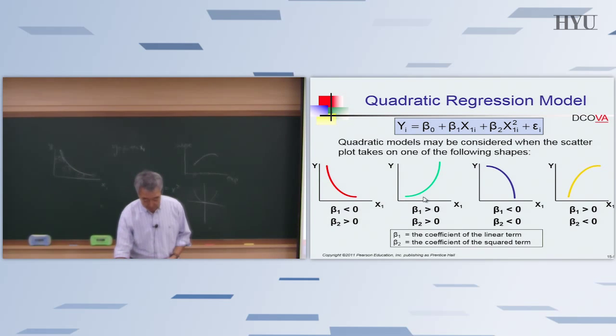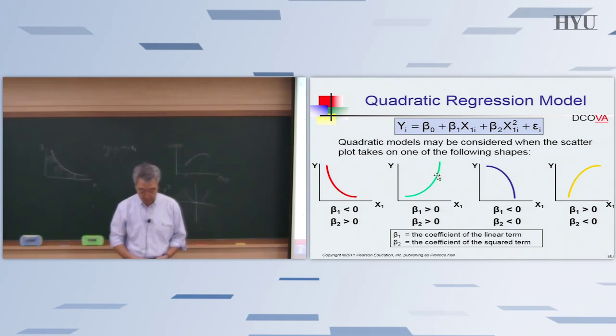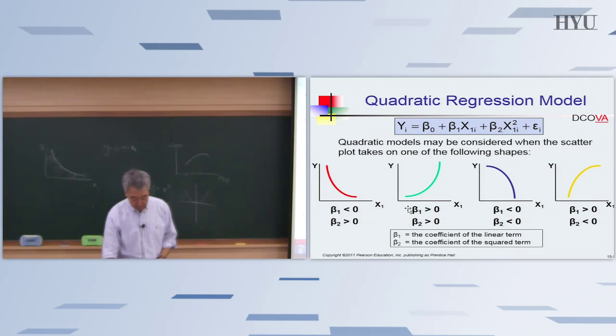If both beta 1 and beta 2 are positive, that indicates there is an overall positive correlation between y and x1, and the slope also increases. Initially it is relatively flat, something like 0.5, and it becomes 1, and becomes maybe 5 or 6 or 7 or 1,000. So there is a positive correlation between x and y, and that relationship, the slope, increases.